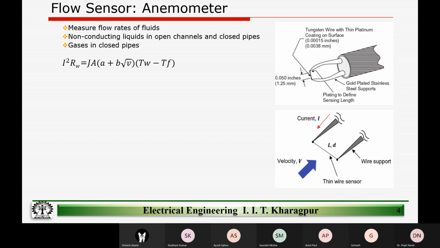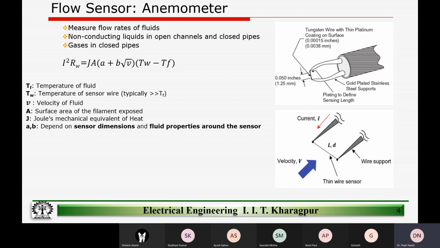So if we look at the heat transfer equation in steady state, the heat that is generated in this wire is given by I squared RW. I'm using the W suffix to denote that it's the sensor wire.